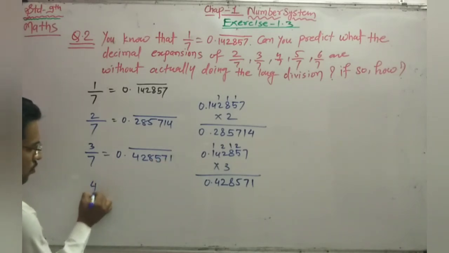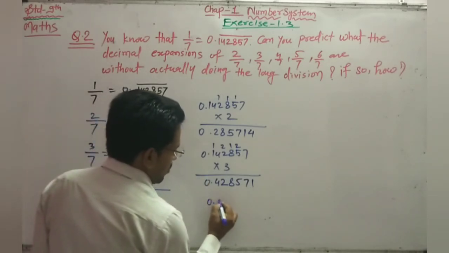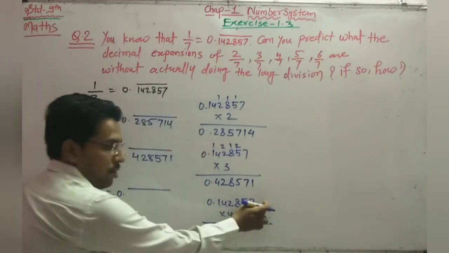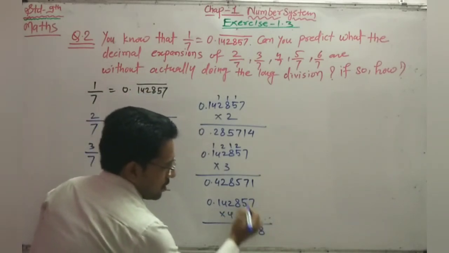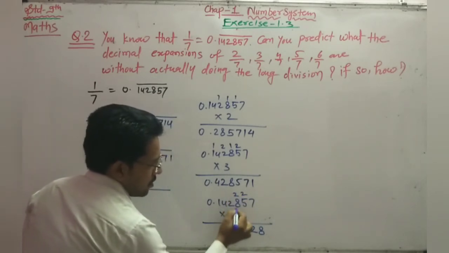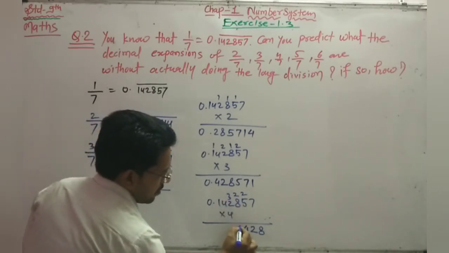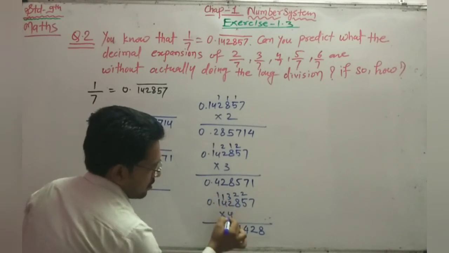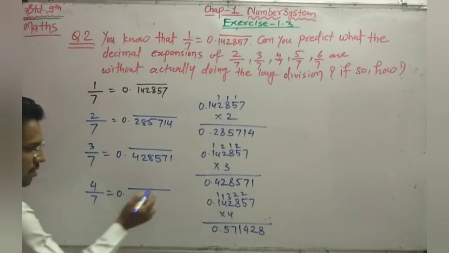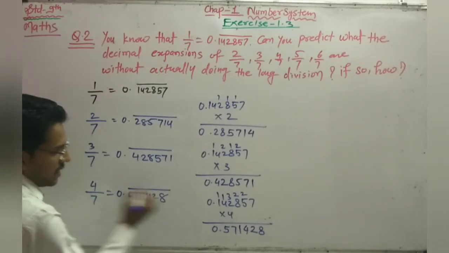Now the value of 4 upon 7: we multiply 0.142857 with 4. 4 sevens are 28. So this is the value of 4 upon 7.